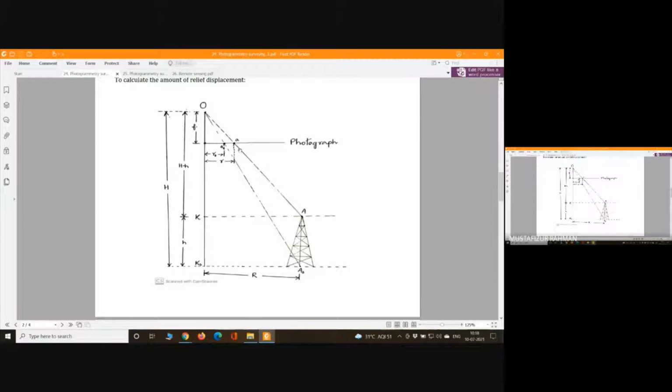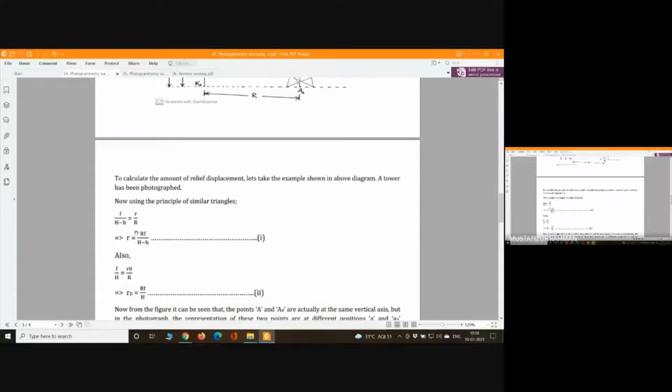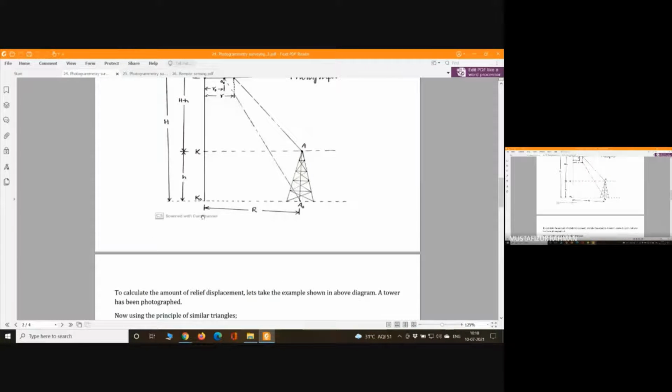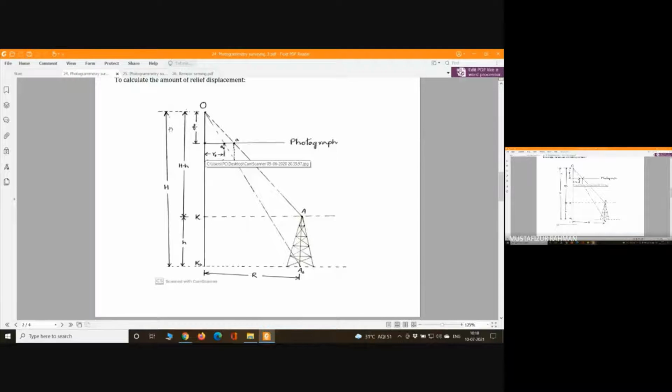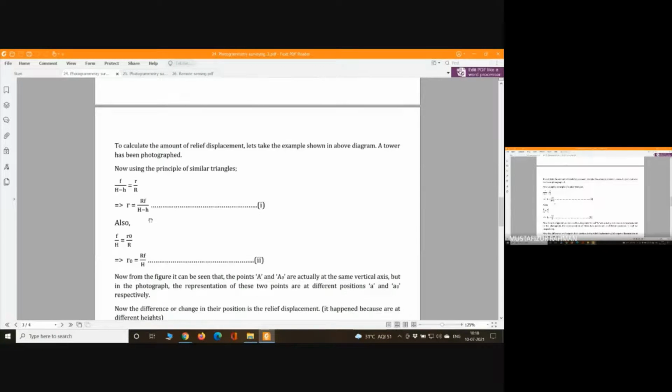So from this first triangle, we got this value. Then we go to the second triangle. We see that again f divided by capital H now. Now we are using this triangle, right? So f divided by capital H. Now this will be r naught here, okay? And capital R is same in both cases. So now it will be r naught divided by capital R. So from there we got the value of r naught.